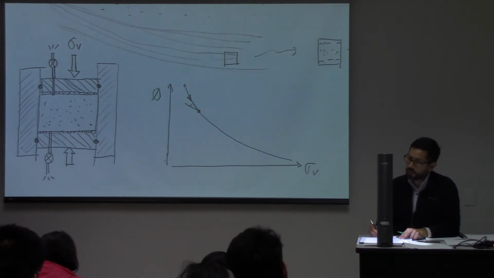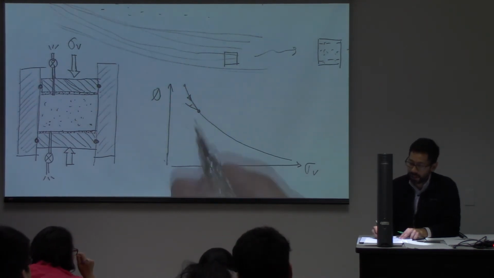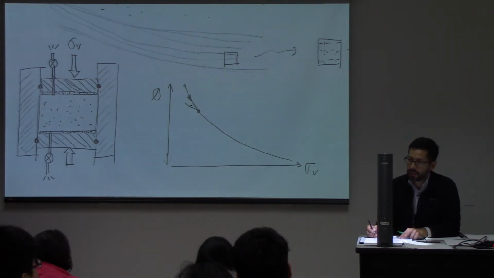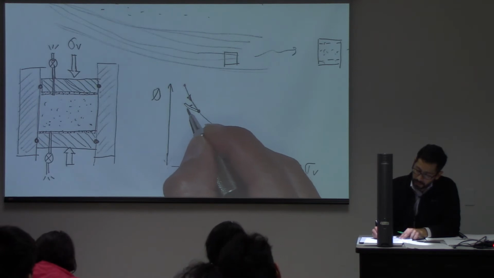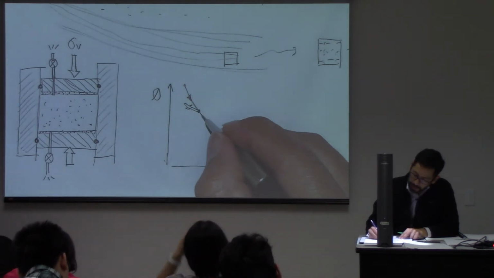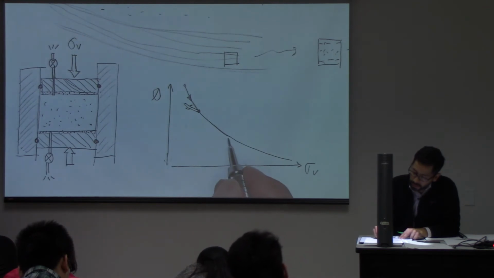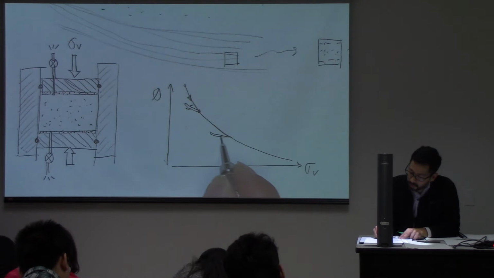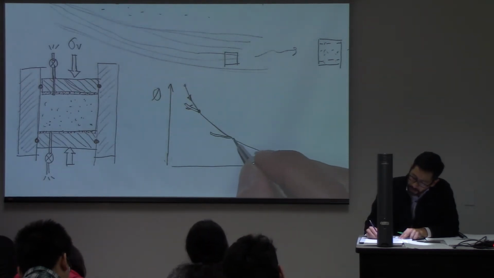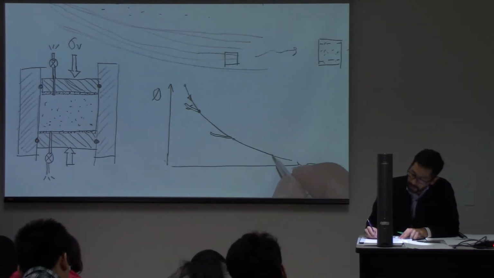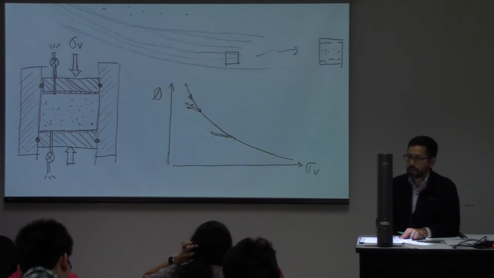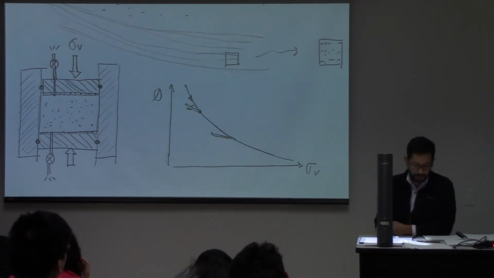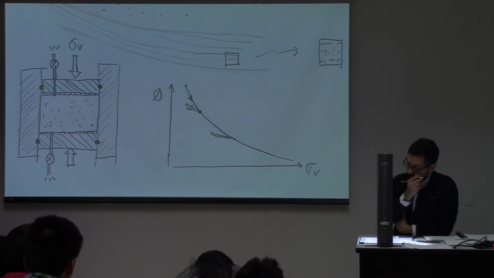If I do reloading, though, that's going to be elastic, and the unloading is also elastic. If I do reloading, I come back to that point and I continue loading. I can do another reloading, unloading here, reloading, and whenever I pick up the compaction trend, I'm going to come back to that line. So this is going to be the normal compaction trend of this material.